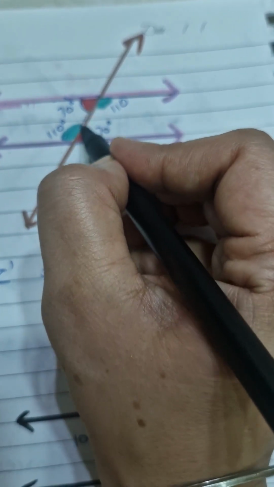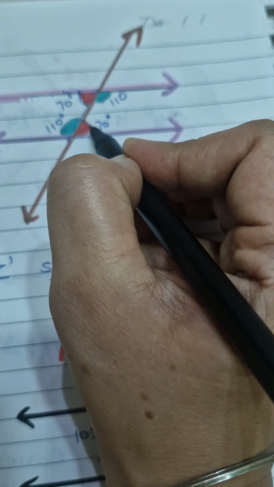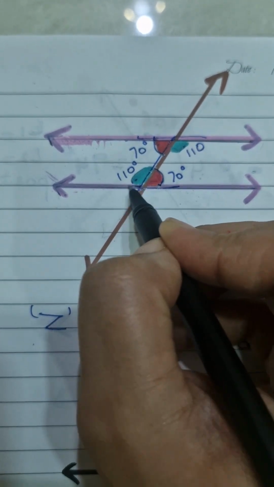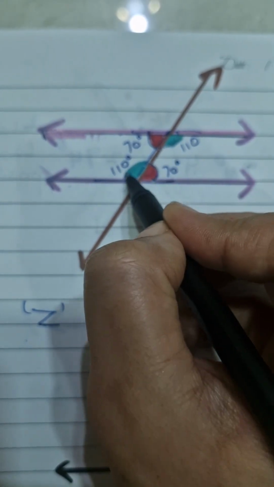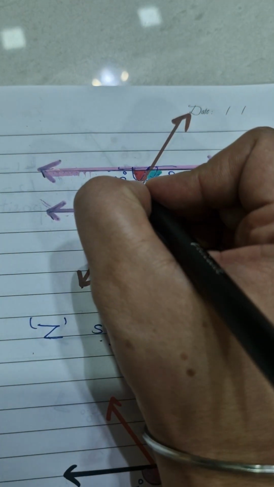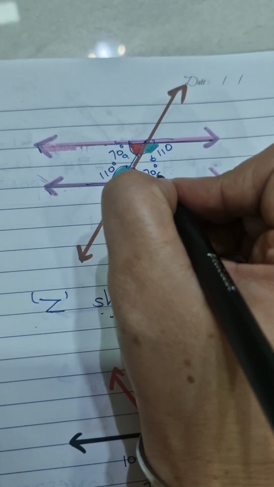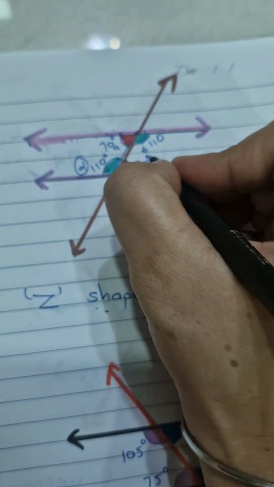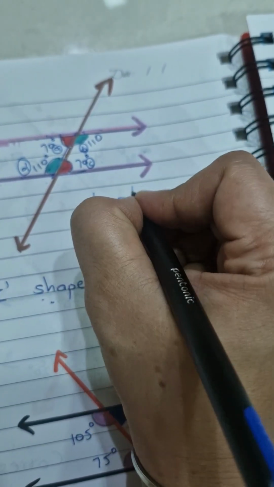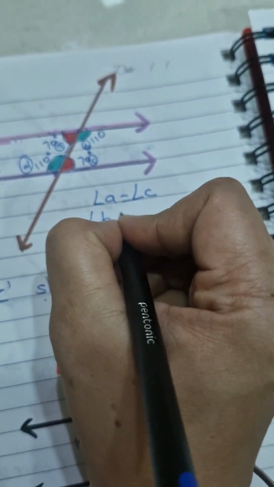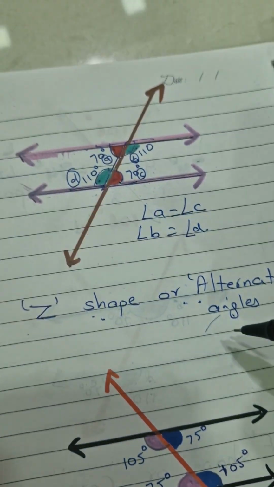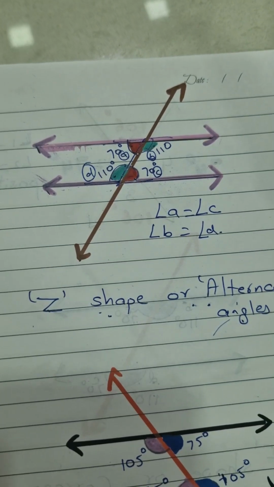So you see this Z shape here, this and this. Okay, let's assume here angles A, B, C and D. So we will say angle A is equal to angle C and angle B is equal to angle D. Why? The reason is alternate angles, or second name is Z-shape angles.